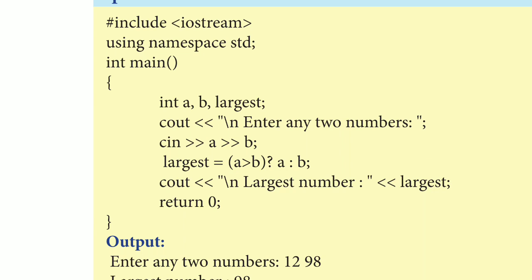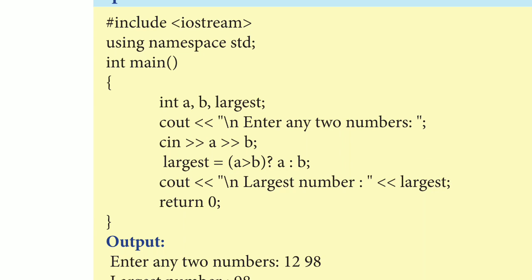If the condition a greater than b becomes false, then the false part after the colon, which is expression 3, here in this example is b. So the b value will be stored in the largest variable. Largest is a variable name, so that variable will contain the value of b here.